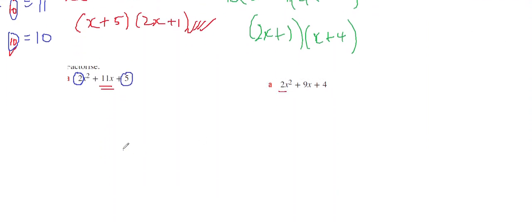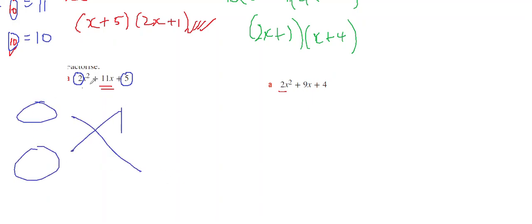So I'd like to crisscross and two numbers that multiply to give 2x squared, so let's say 2x and x, and I need to have 5 and 1 over here. But when you multiply across the cross, it has to equal 11. So if I put my 5 there and my 1 there, x times that's 5x, 2 times that's 2x, add together to give 7x, and that's no good.